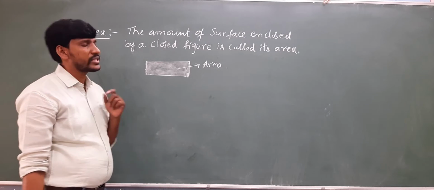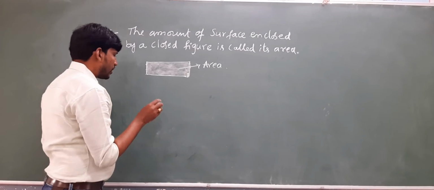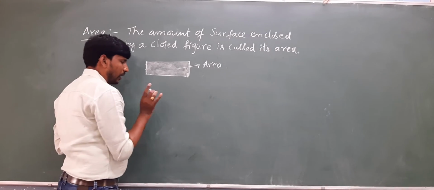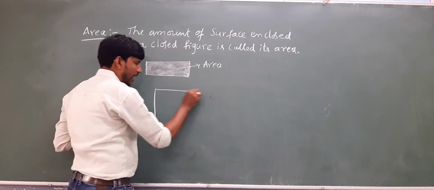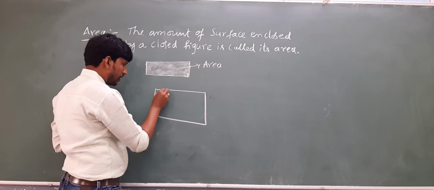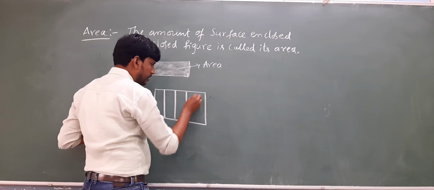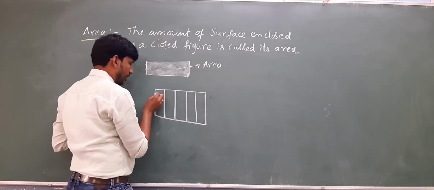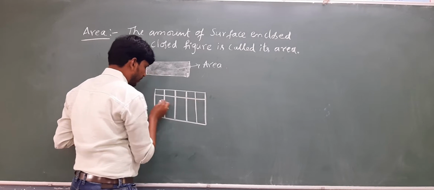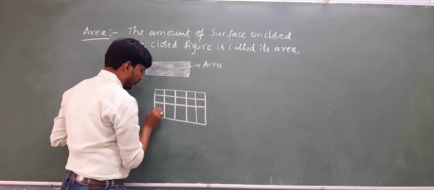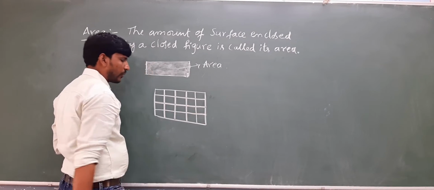Before we discuss the questions, I want to explain one thing. Suppose there is a square grid paper. If the line takes half of a square, you can count it as a half square. If it is more than half, how much are we going to take?